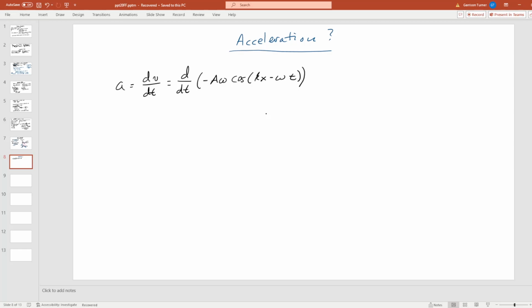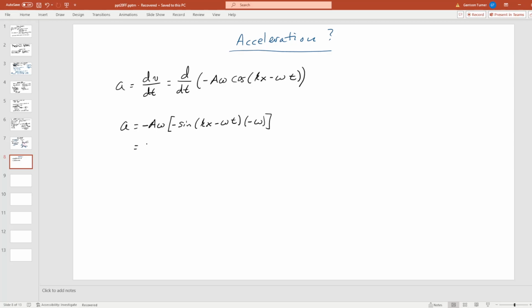Well, A and omega are constants, so they stay. The derivative of cosine is negative sine. And the derivative of the argument is negative omega again.